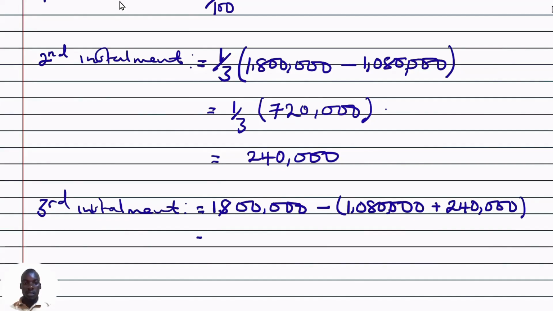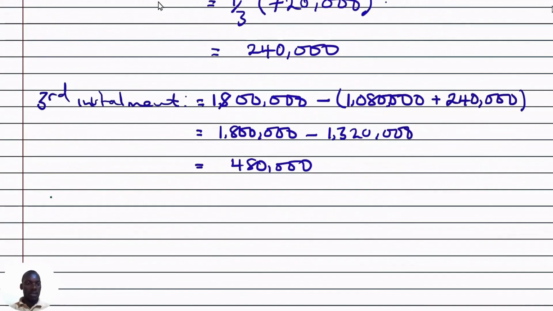So the sum in here I'm getting is 1,320,000. When I make the difference, I'm getting 480,000. So now we can conclude that therefore Alice paid shillings 480,000 in the third installment.